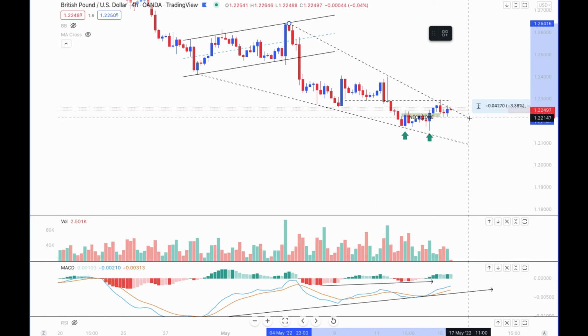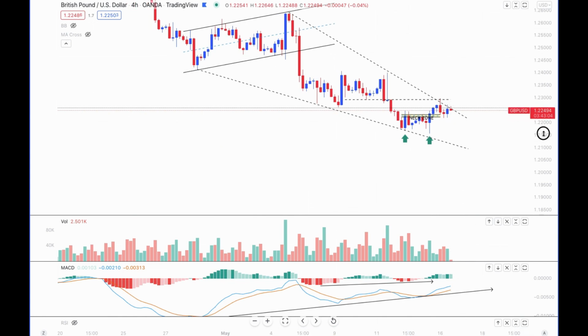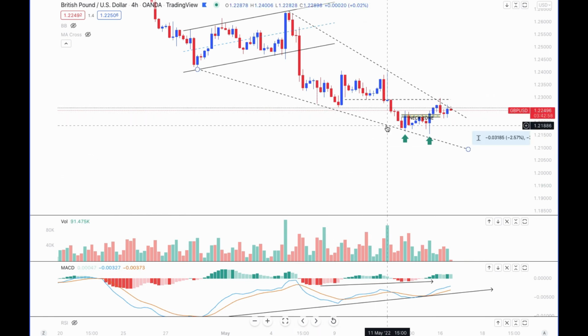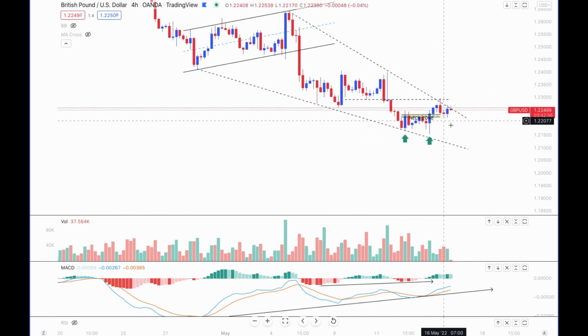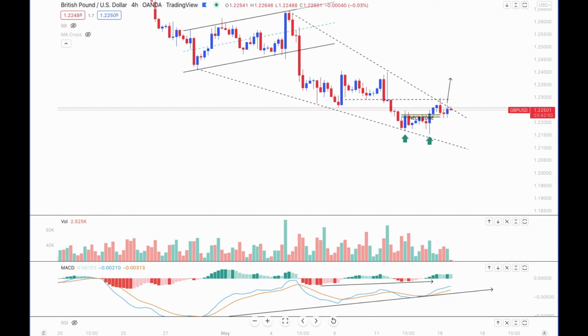We can see that price is sort of forming this particular pattern. We have the divergence playing out very nicely. So we would likely be waiting for a break above like this, and then waiting for a retrace to this area before deciding to carry on this pair long.